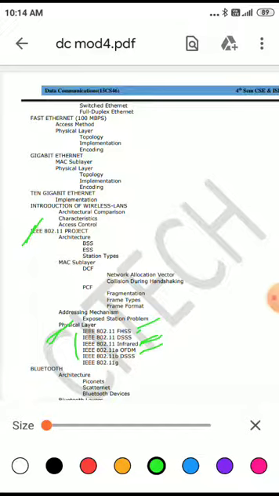OFDM means orthogonal frequency division multiplexing. Next one is IEEE 802.11b DSSS, direct sequence spread spectrum. Last one is IEEE 802.11g. These are the six types we are going to discuss one by one.